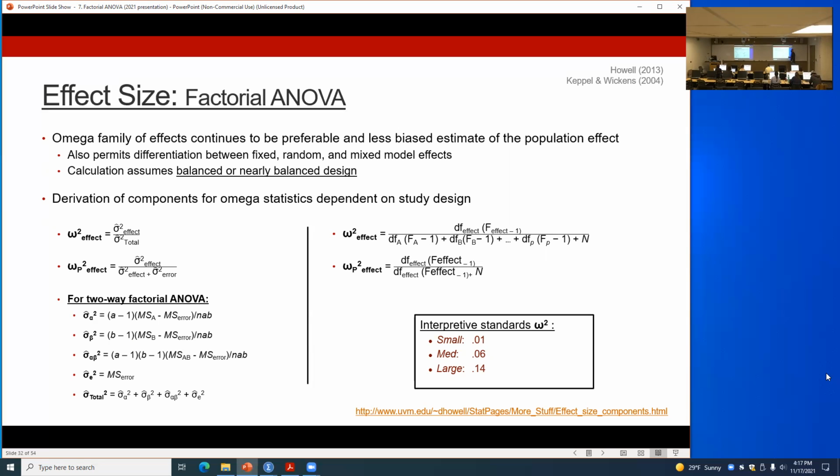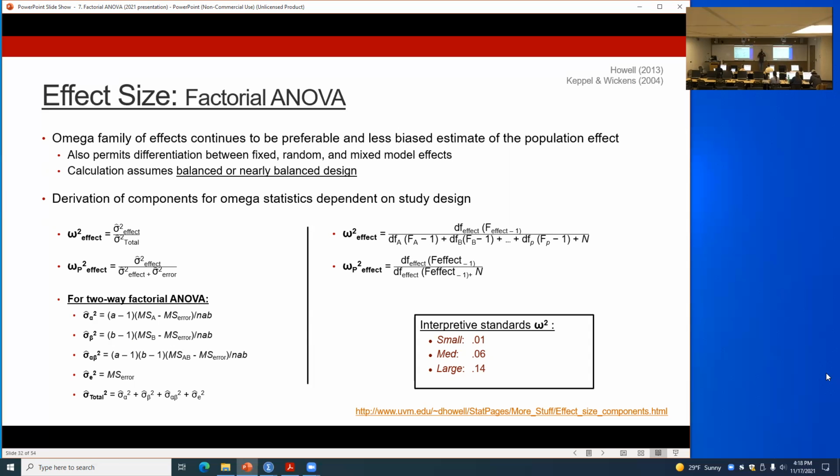The tricky thing about partial omega squared, as before, is that the omega squared statistic assumes that we've got a balanced or nearly balanced design. If you don't have a balanced or nearly balanced design, it's hard to justify putting that out there, knowing that it's likely an overestimate of the actual population effect.